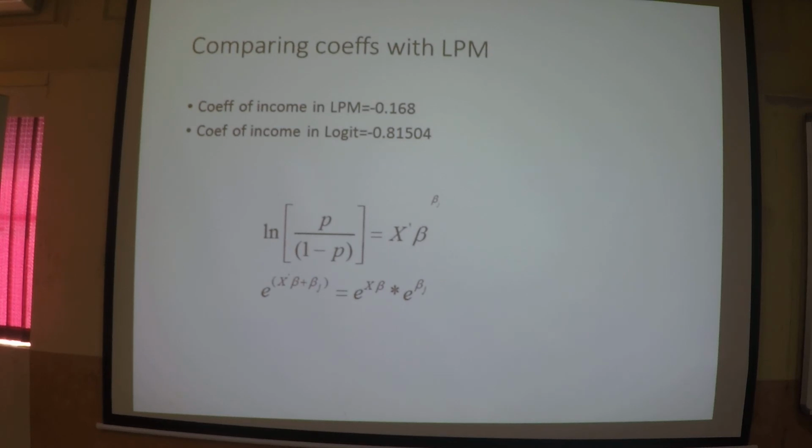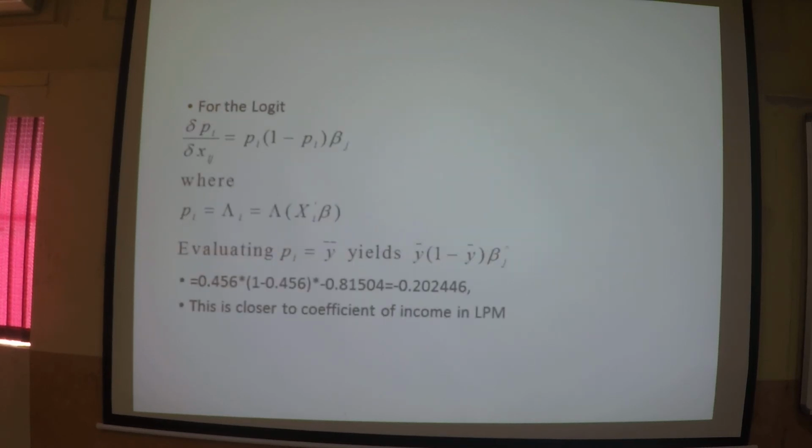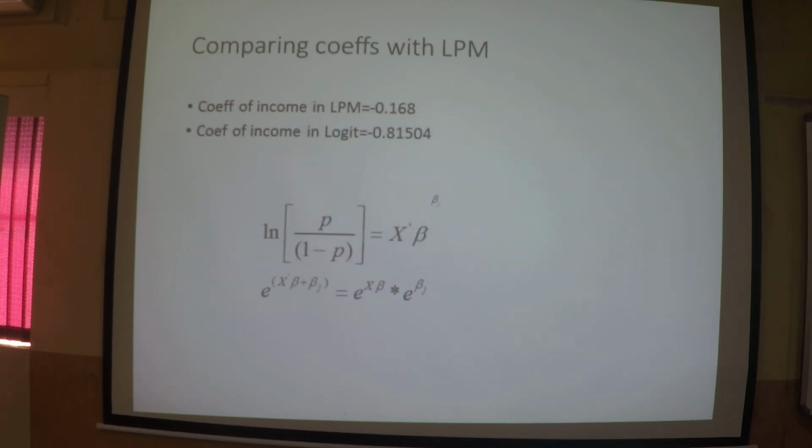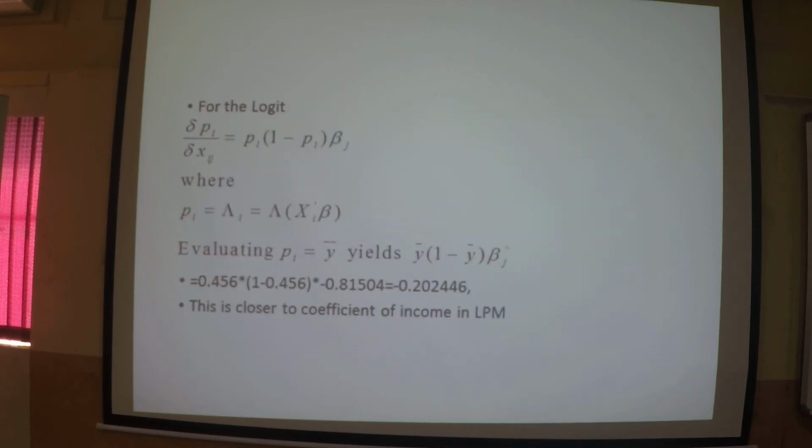P i upon 1 minus P i is x dash beta. You need to come to here. How do you get this?